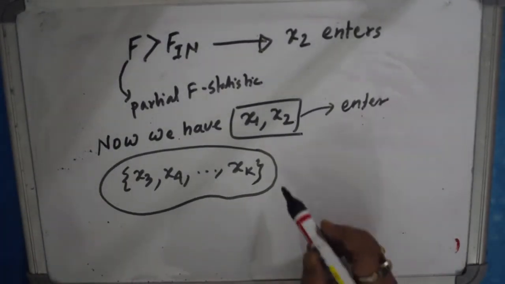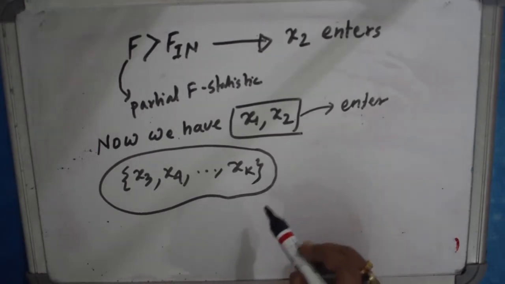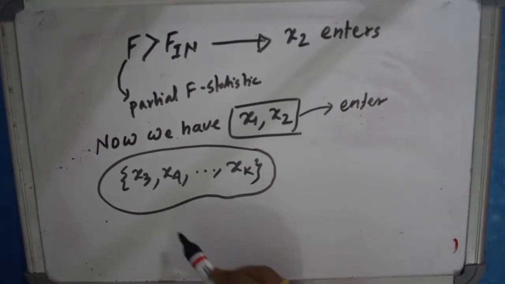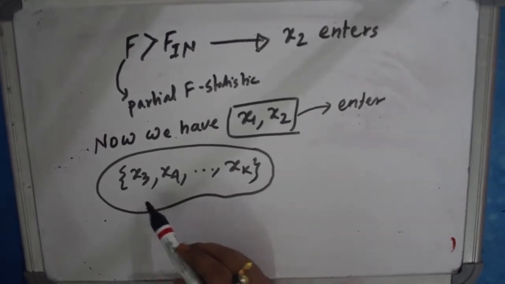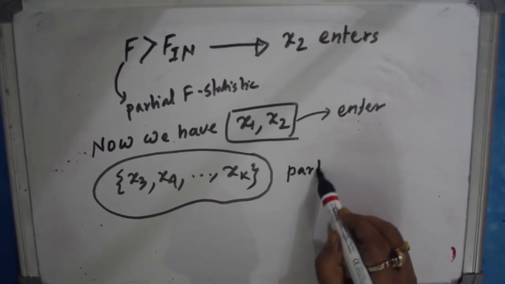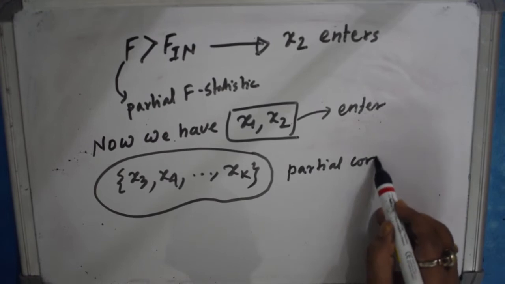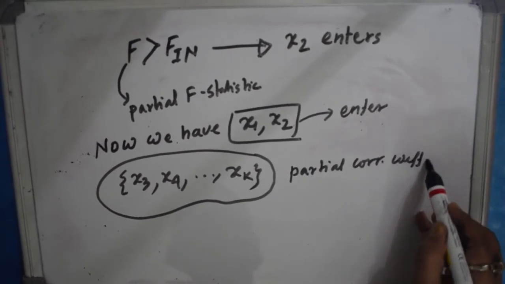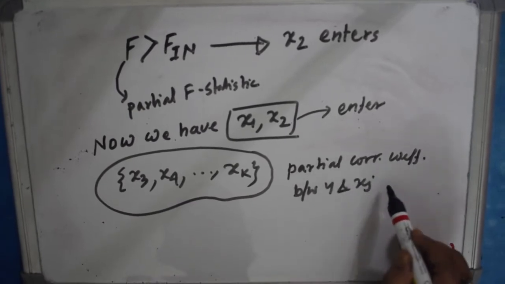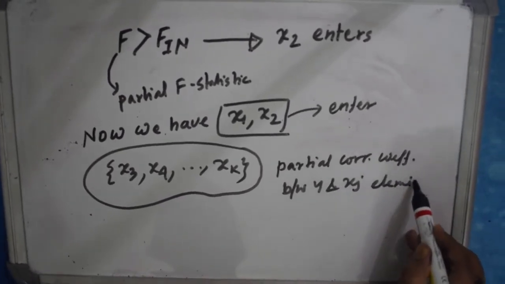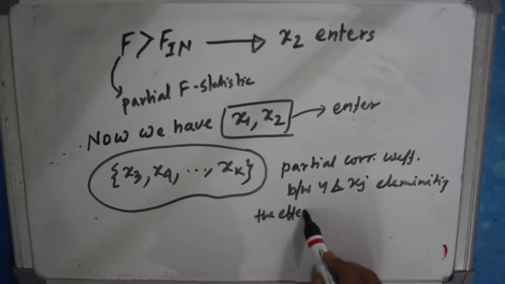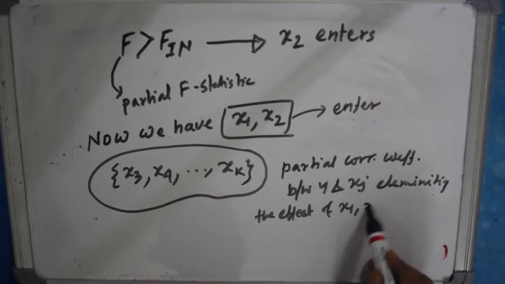Now again we compute the partial correlation coefficient between y and xj, eliminating the effect of x1, x2.